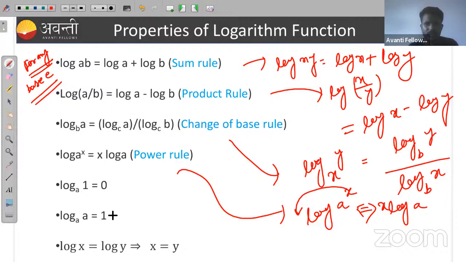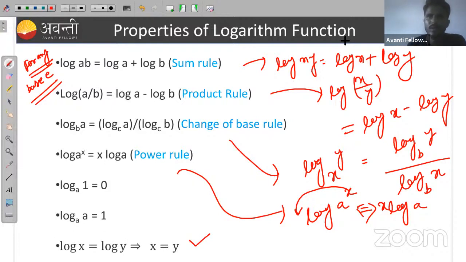And log a to base a will be 1, and if log x is equal to log y, you can cancel log and write x is equal to y, or if x is equal to y is written, you can use log on both the sides.